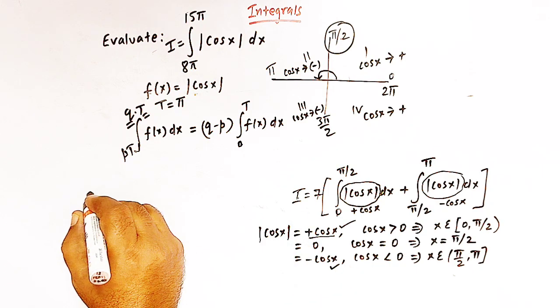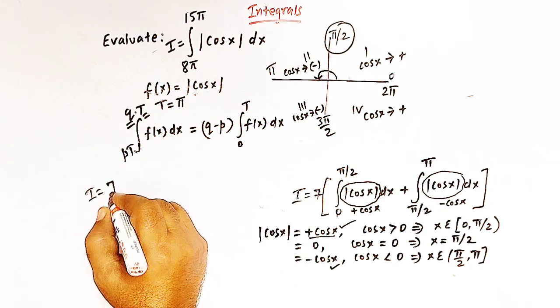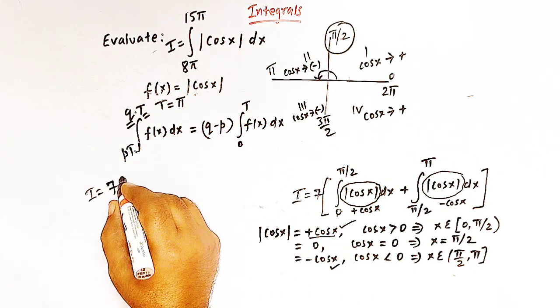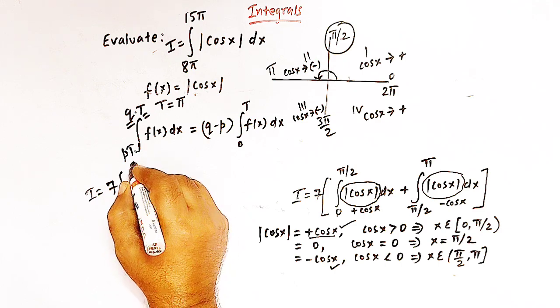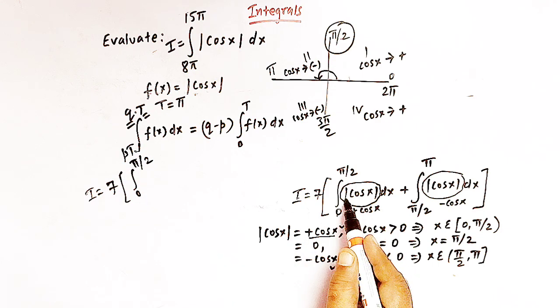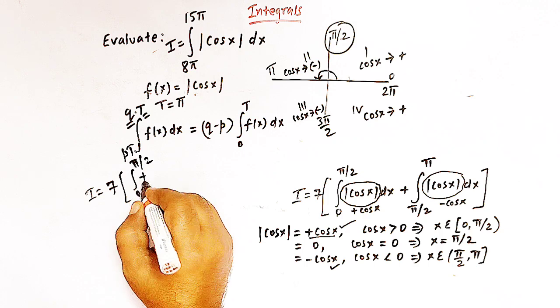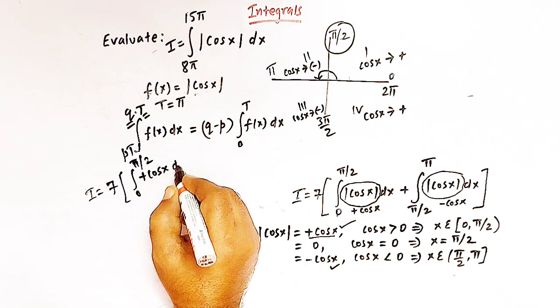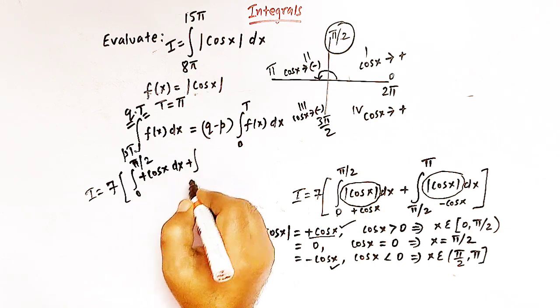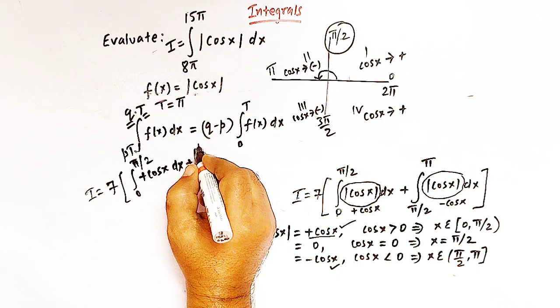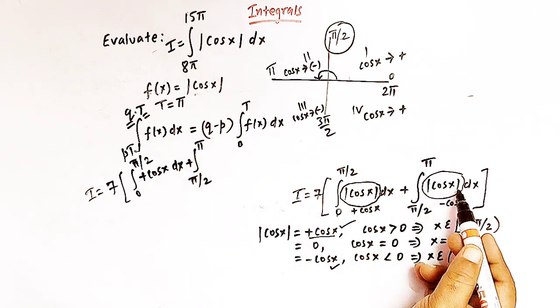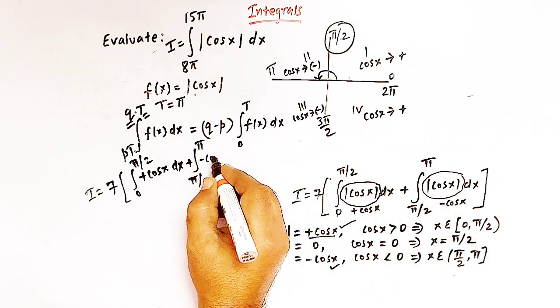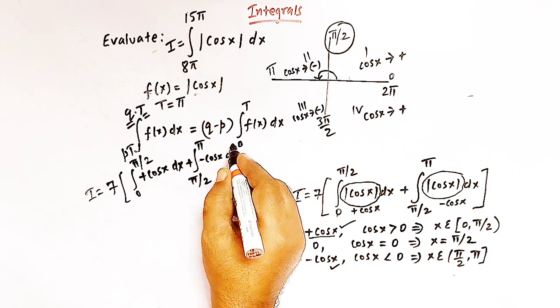So now let us write the integral I as 7 times the integral from 0 to pi by 2 of positive cos x dx, plus the integral from pi by 2 to pi, where mod of cos x is negative cos x, dx, right?